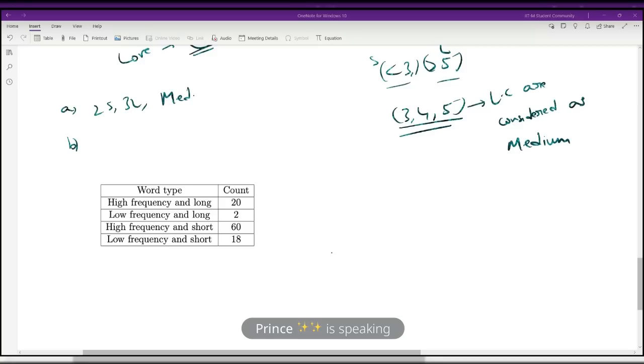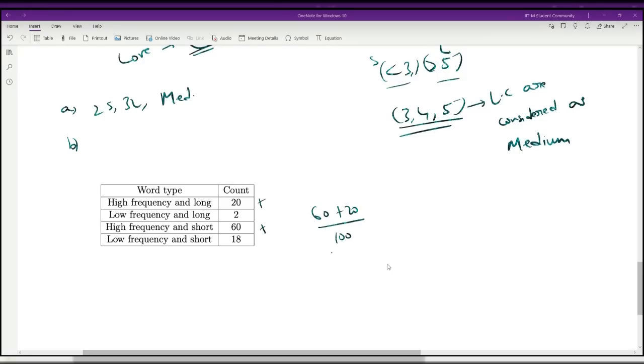I took the high frequency words, that is 60, so that comes to be 80, and then I divided that by 100, and into 100, so that comes out to be 60%. I'll write down your procedure here. What you did is that you added this and this, right? You did 60 plus 20 by 100. Is that what you did?